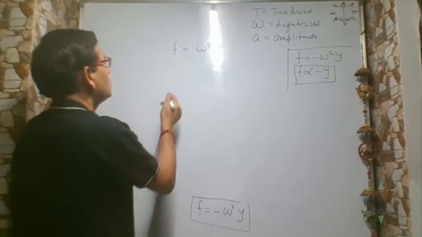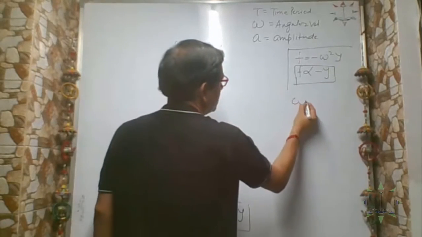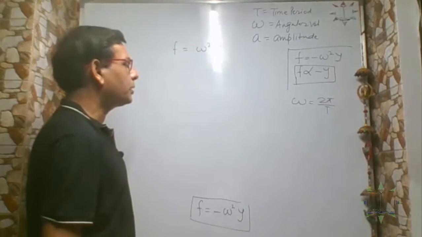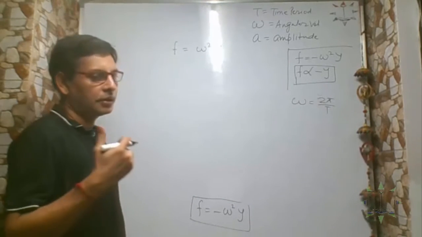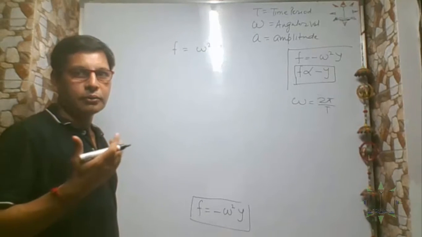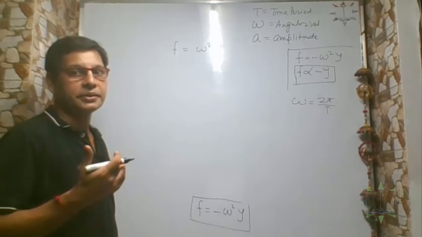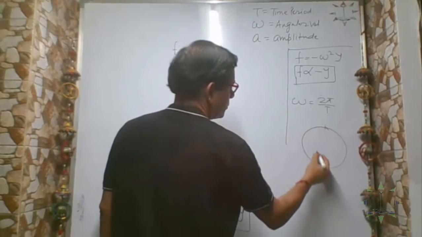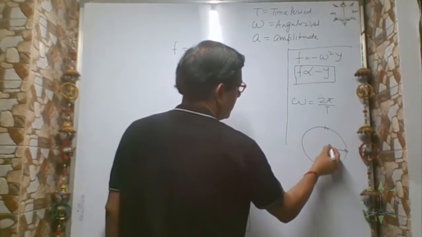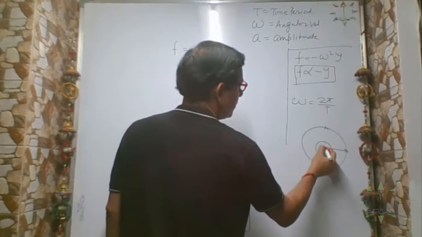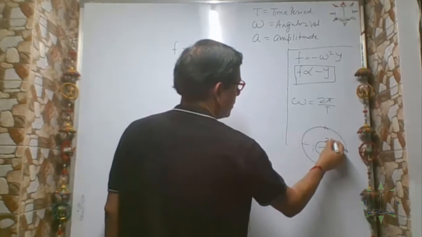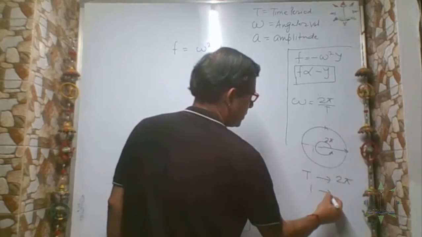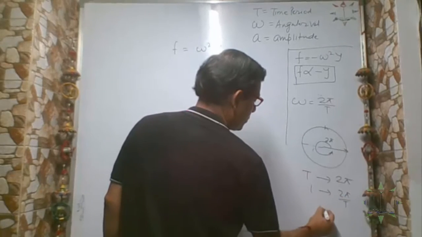You know omega is 2 pi by T. Omega means the angular velocity, the angle made per second, and T is the time period. So in T time period, the particle makes 2 pi angle. So in 1 second it will cover 2 pi by T. This is called omega.